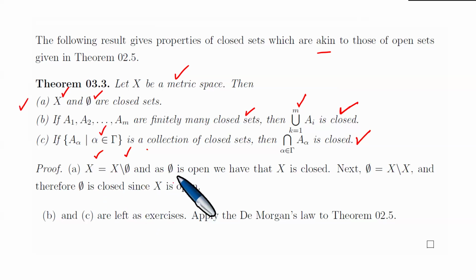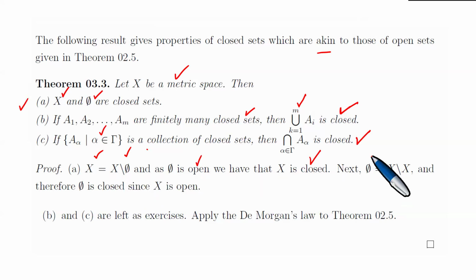And as the empty set is open, we have that X itself is closed. A set is closed if its complement is open, so X is closed if its complement, the empty set, is indeed open.